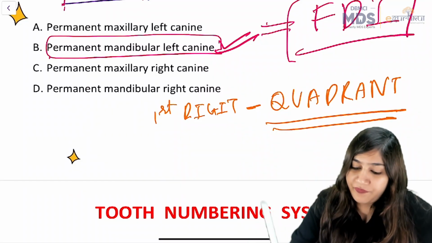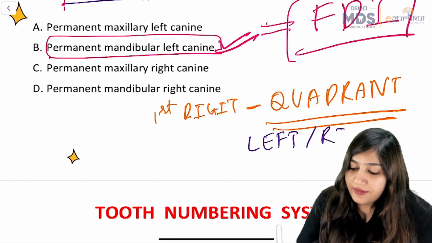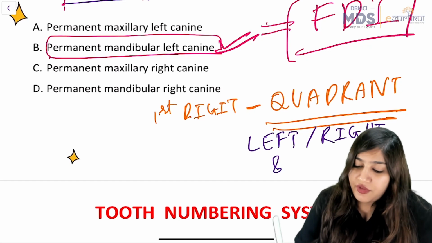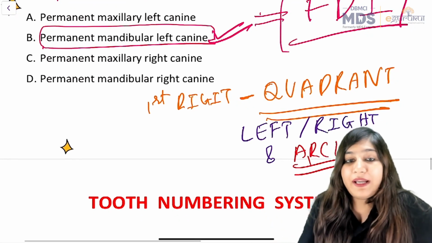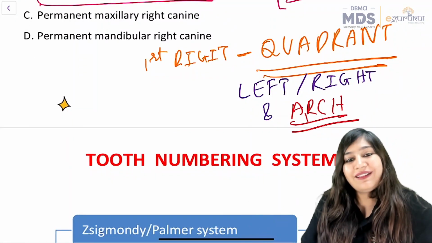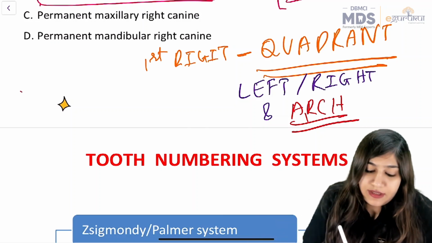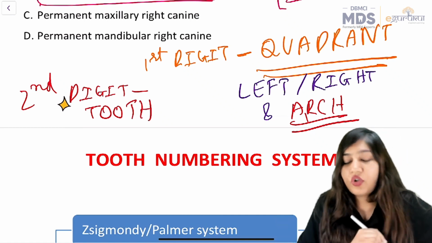So quadrant, left or right, and arch, maxillary or mandibular. And the second digit represents what? Tooth number, particular tooth in a given quadrant. Tooth in the given quadrant.